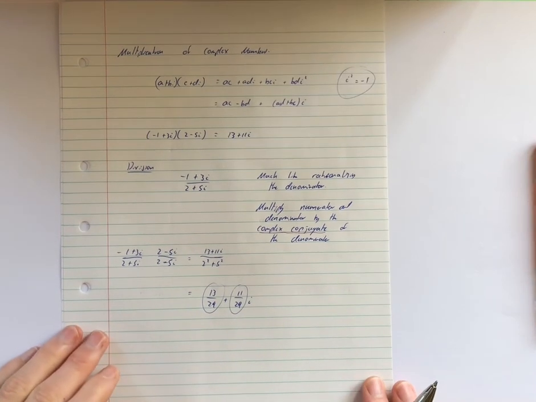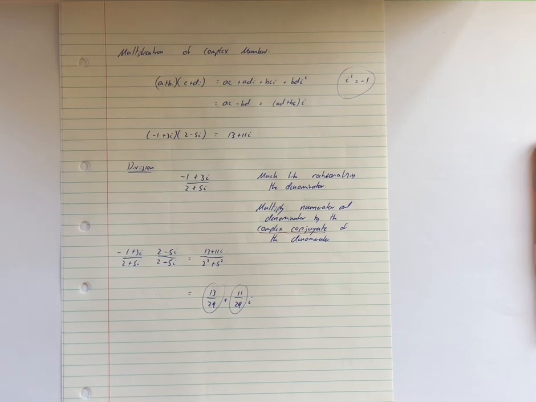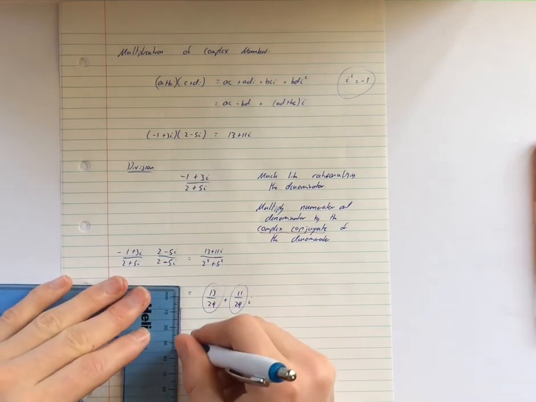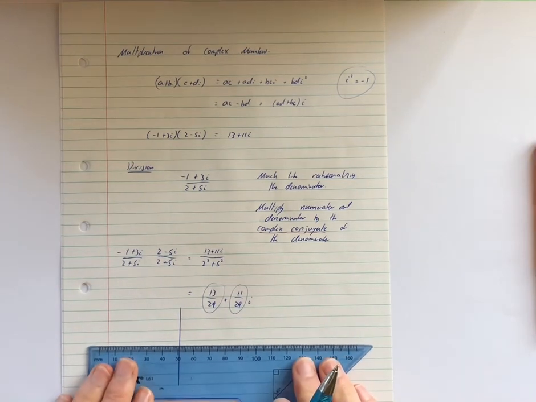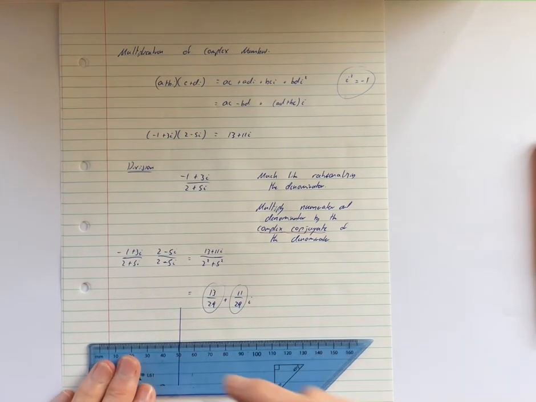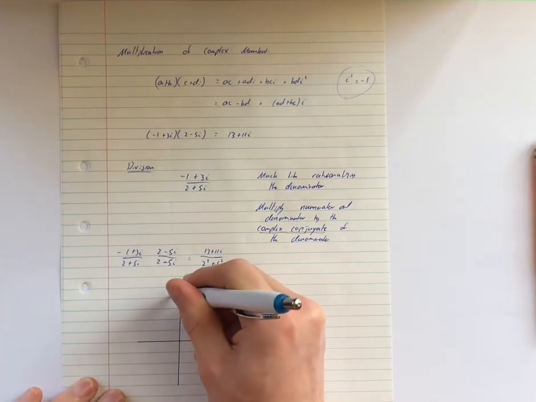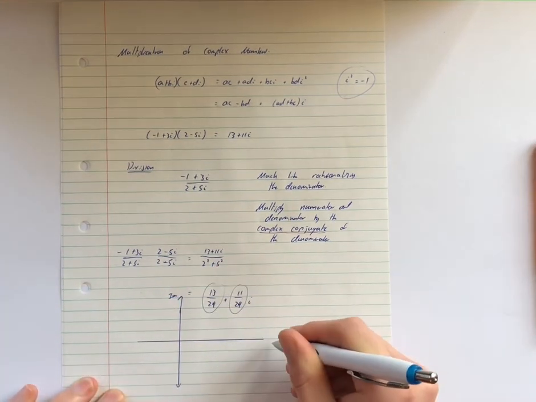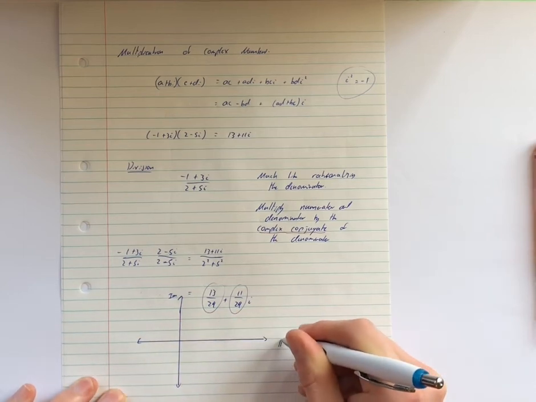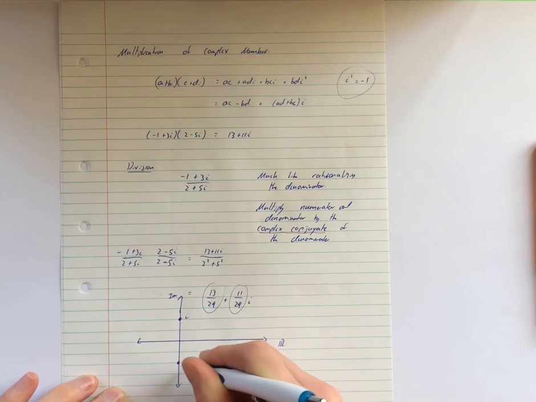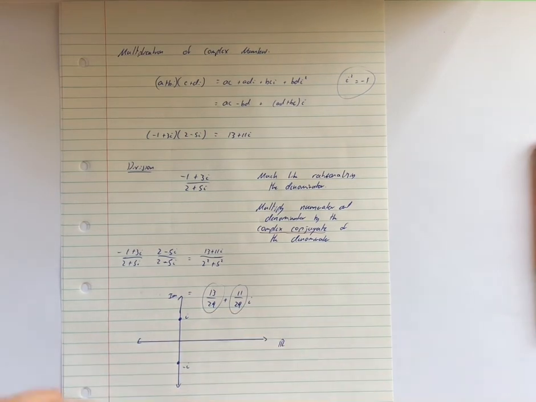So what's the geometric interpretation of a conjugate? It's pretty simple. So if I just draw up a complex plane quickly, let's go on the line so it's nice and easy. We have our imaginary going in this direction, and our real going in this direction. If this is i, its conjugate is just negative i. It's just a negative imaginary part.